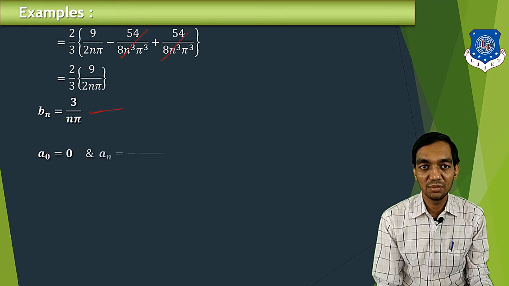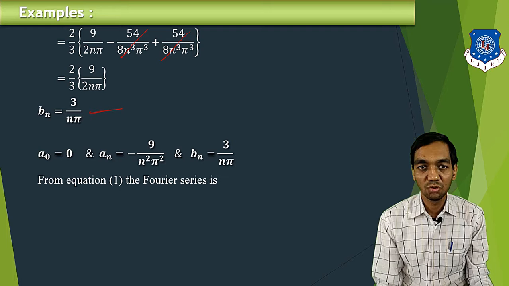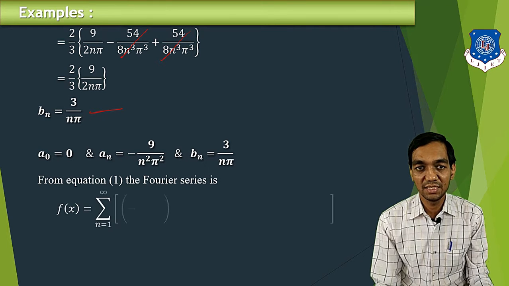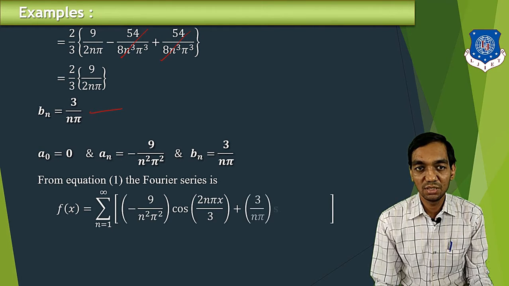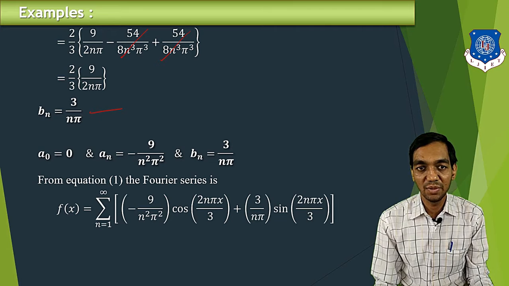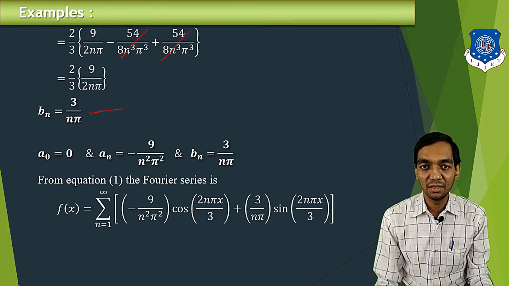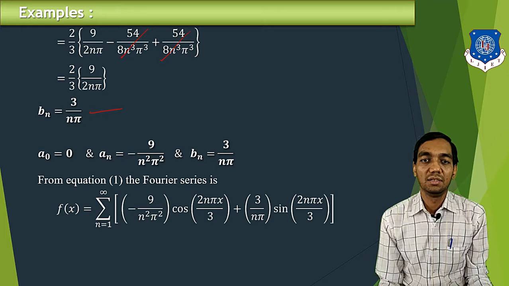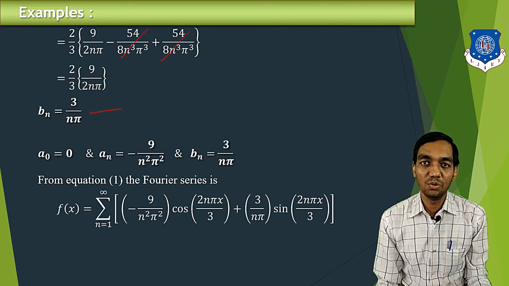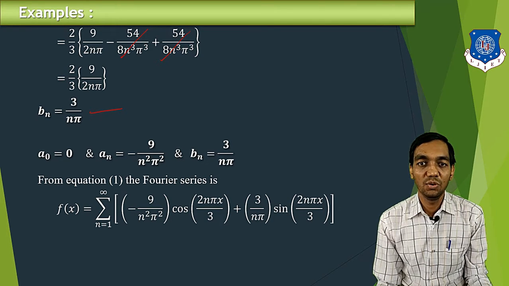Now substitute all these values a0, an and bn in the Fourier series. So we have the Fourier series f(x) is equal to a0, which has a value 0, plus sigma n running from 1 to infinity. An has a value minus 9 upon n square pi square cos 2n pi x by 3 and bn has a value 3 upon n pi, so that will give you 3 upon n pi sine 2n pi x by 3.